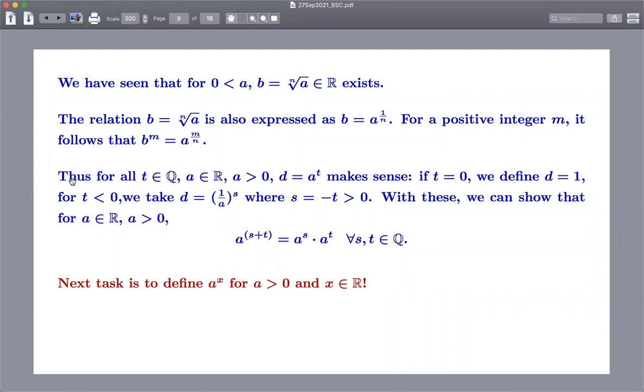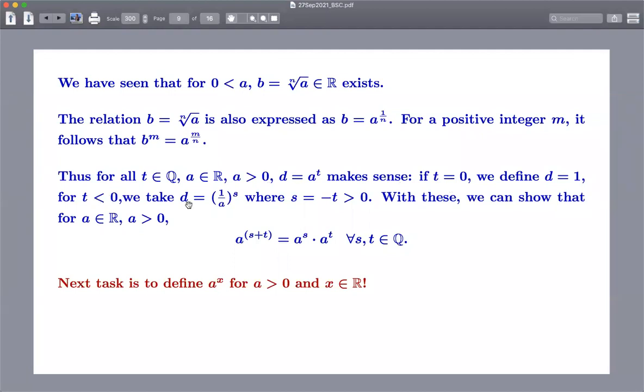So now, for every rational number t, a power t making sense is what I am going to argue. If t equals 0, we define a power t to be equal to 1. When a is not 0, a power 0 is 1; 0 power 0 remains undefined, remember. If a is positive, then a power 0 we define as 1.